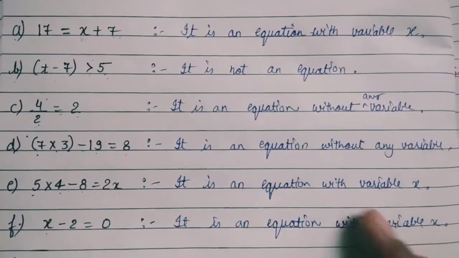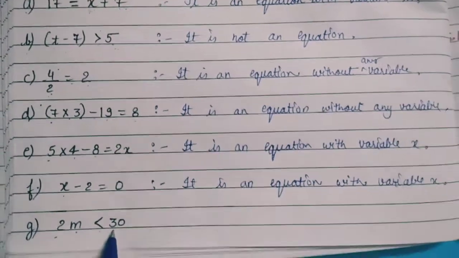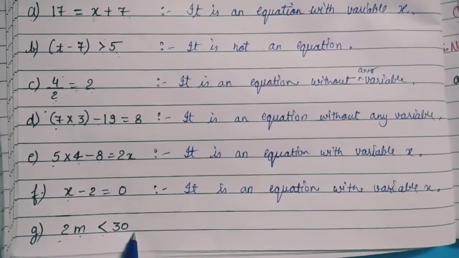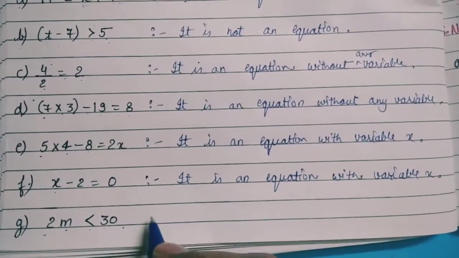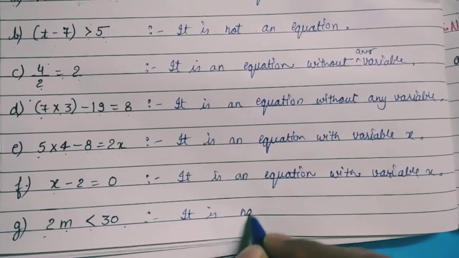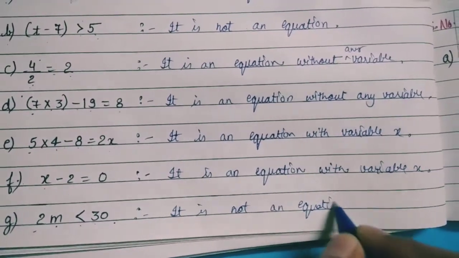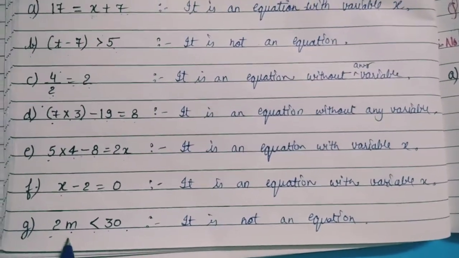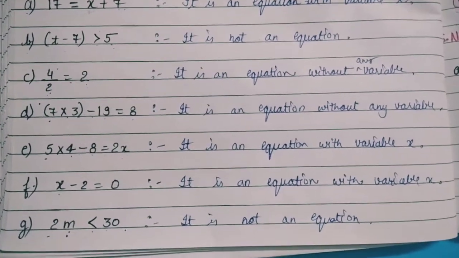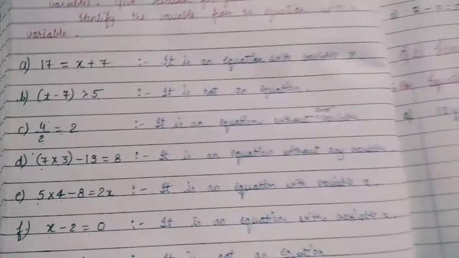Now its G is 2m is less than 30. So simply you can see here we don't have the equal symbol. So we will write it is not an equation. Directly we can write it is not an equation. The variable is here but not the equality symbol.